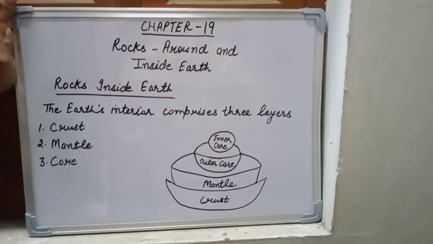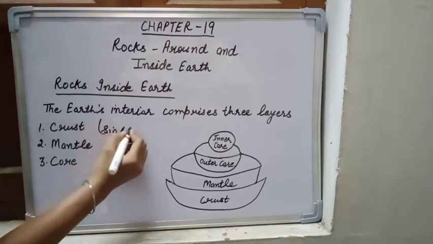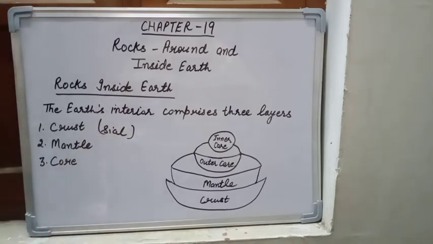The continental crust is made up of silica and aluminium. The continental crust where we are living is known as Sial. It is made up of silica and aluminium. The continental crust consists of silicate rocks such as granite.